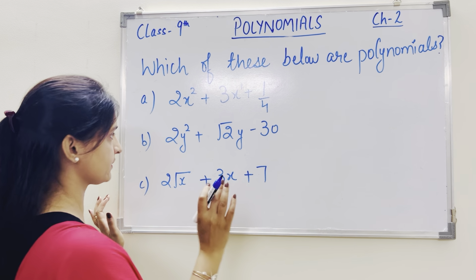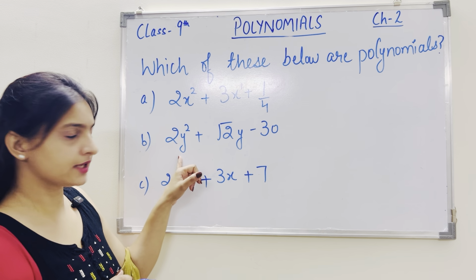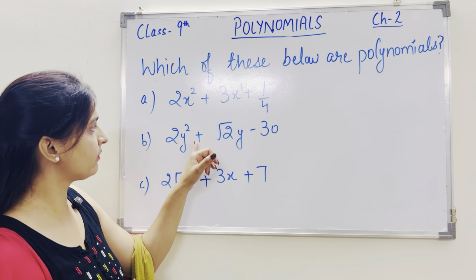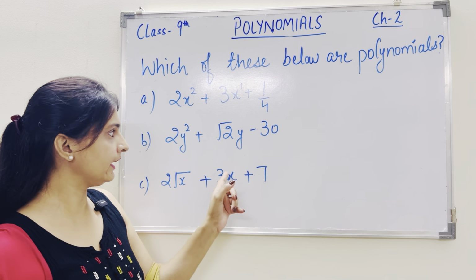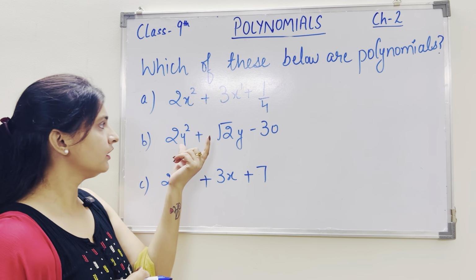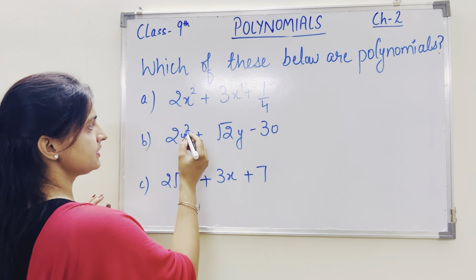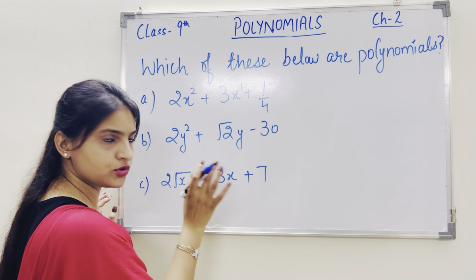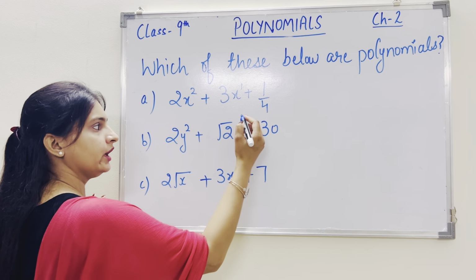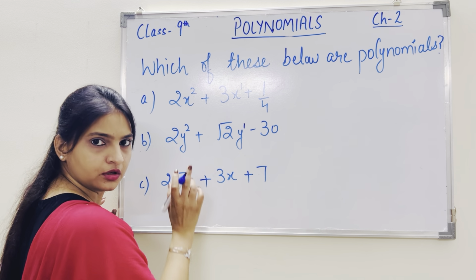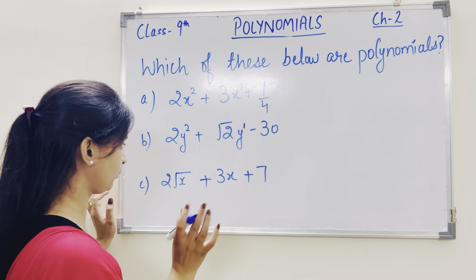And in the second expression, 2y square plus root 2 y minus 30, again it's a polynomial because all the exponents are positive here: y raised to power 2 and y raised to power 1.